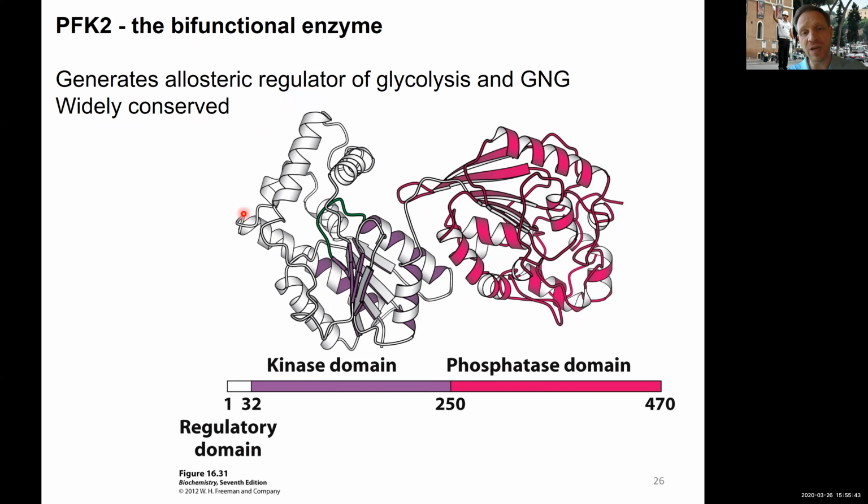And on the one hand here, you have the kinase domain. On the other hand, you have the phosphatase domain. And we'll actually see later that we can, much like we could regulate two enzymes in a different way, actually regulate these domains in different ways too, even though it's one enzyme. Okay. There are many examples of these bifunctional enzymes. This is just one of them.